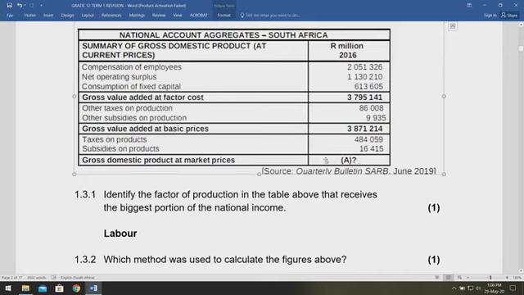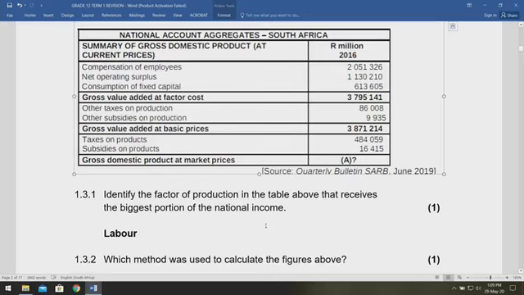So to get to A, I need to move from GVA at basic price to GDP at market price. Okay, so to get from basic to market prices, I have to add taxes on products and subtract my subsidies.